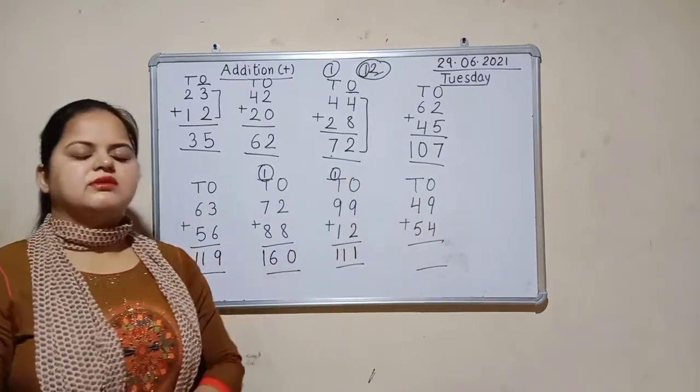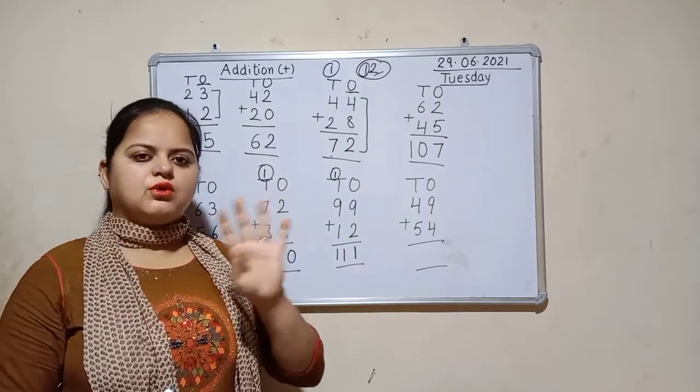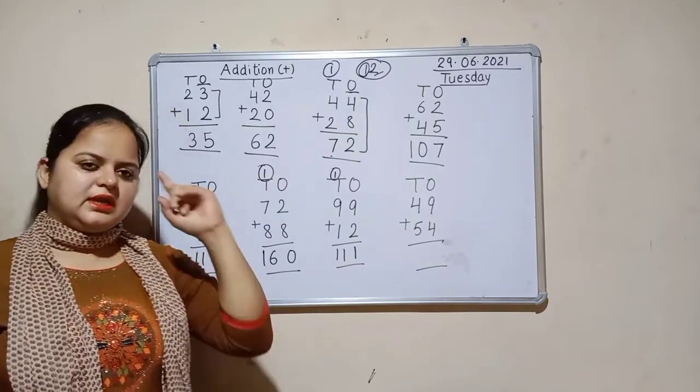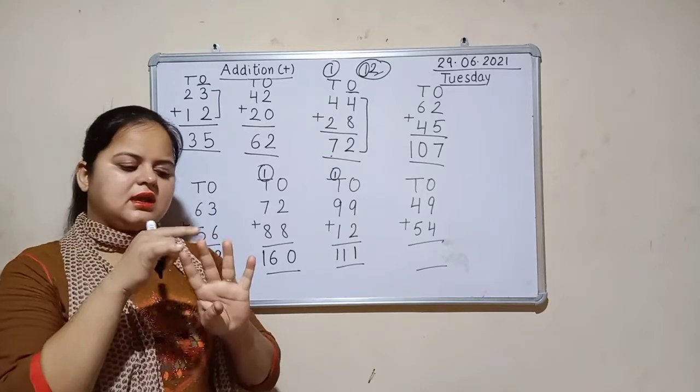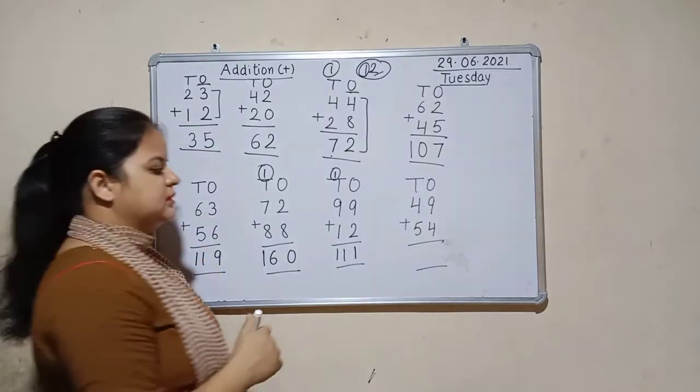Next sum is 49 plus 54. 9 plus 4. We will keep 9 in mind and 4 on fingers. 9, 10, 11, 12, 13. 13.